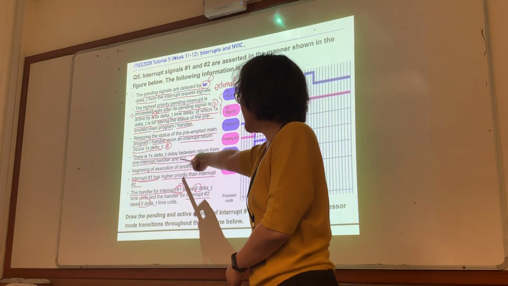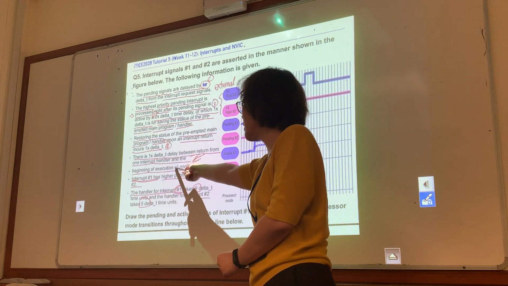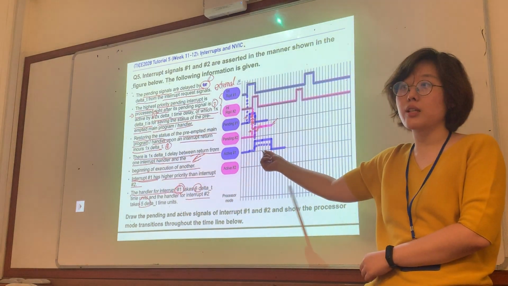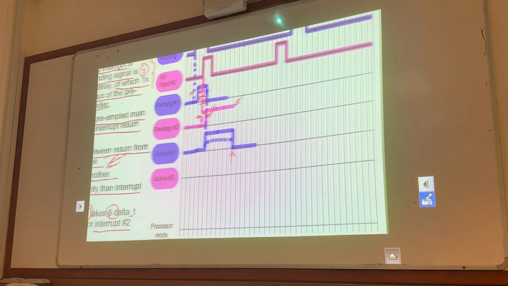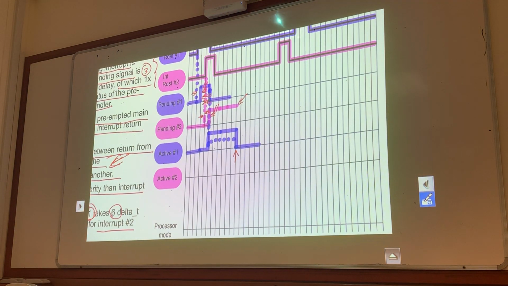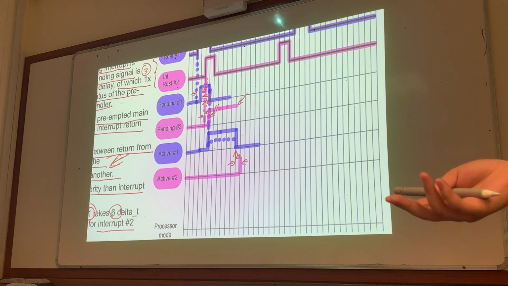Okay, so there's 1 delta time delay between return from the one interrupt handler and the beginning of executing the other one. Okay, so which means here, if I draw the active signal for my second, it's not able to do anything until this moment, right? Because here you will have 1 delta time to switch from one interrupt to the other.